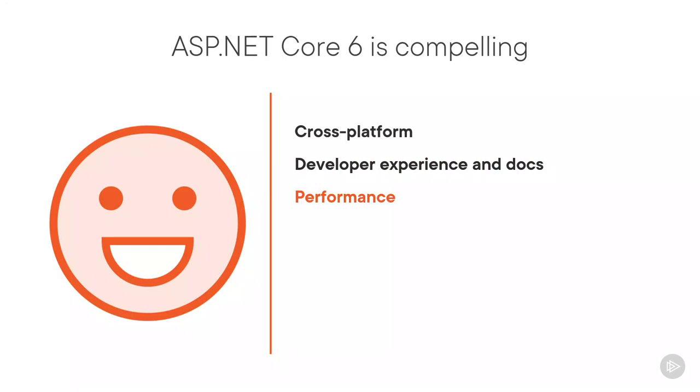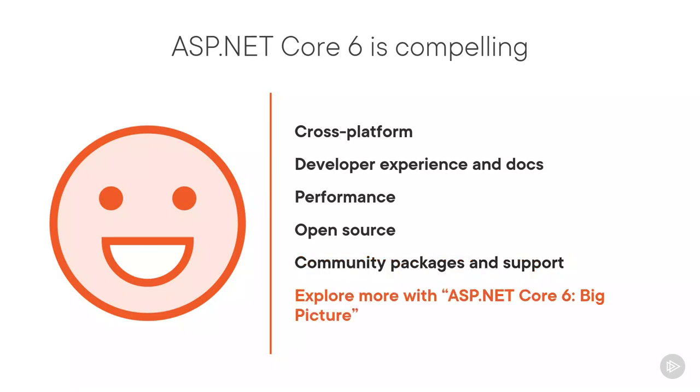The performance of the framework itself is one of the fastest around. Check the TechEmpower benchmarks for details there. It's open source, and there are a wide variety of community packages and support. We're not here to discuss the merits of the framework though, just to get you started building a website. But if you want to know more, check out the course called ASP.NET Core 6 Big Picture for more of this.